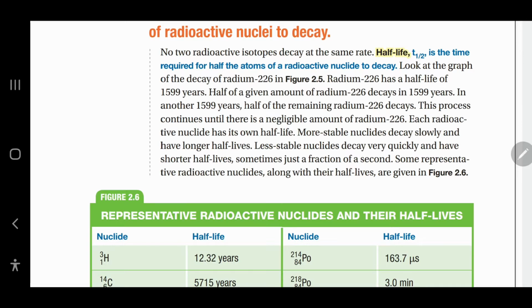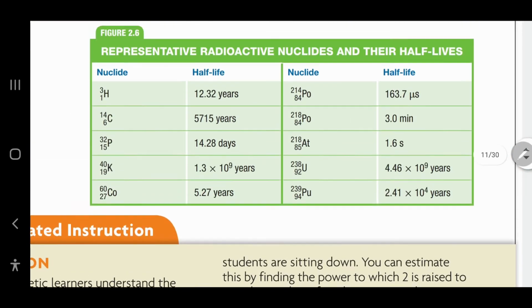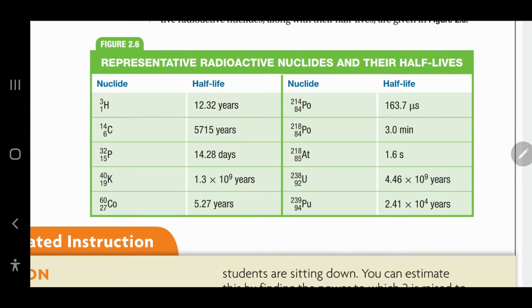Now, as you can see here on this table, for some nuclides the half-life is very, very small. For example, if we look at polonium 214, the half-life is 163.7 microseconds, which means it will decay very fast. It's not stable at all.